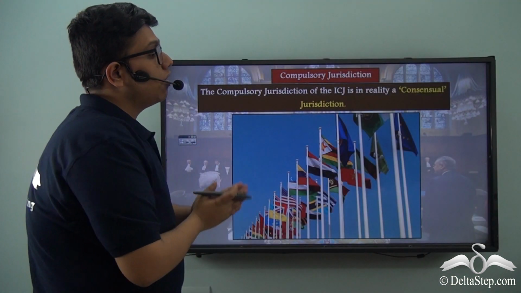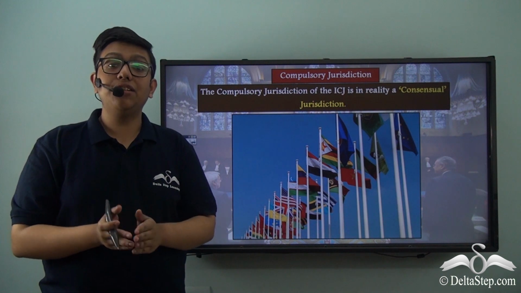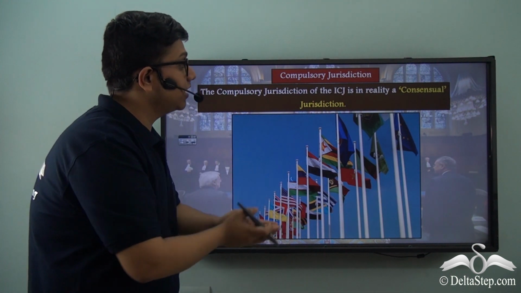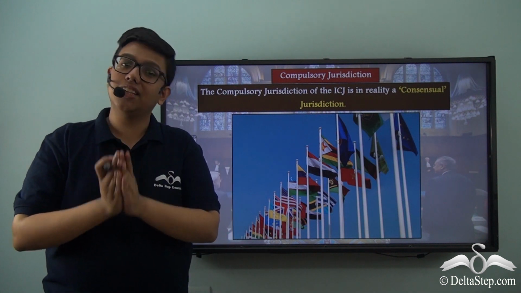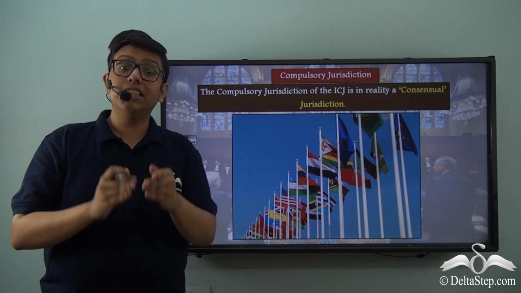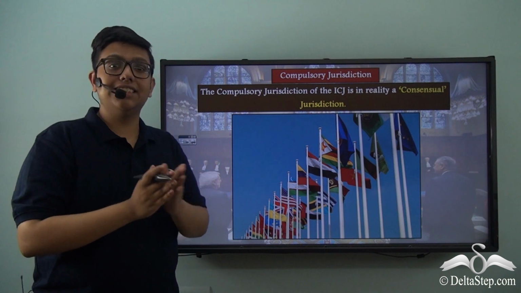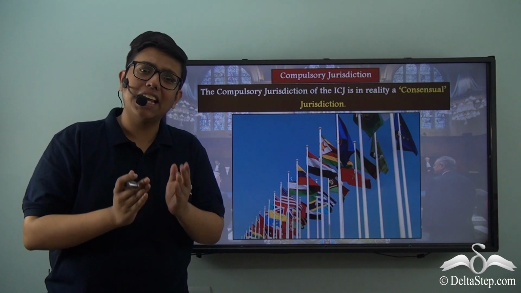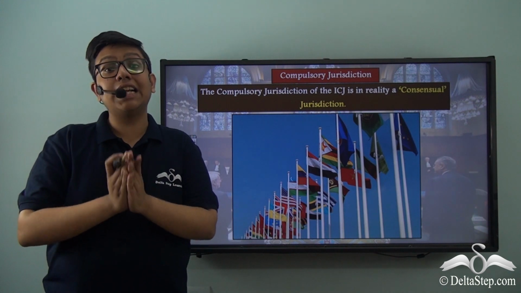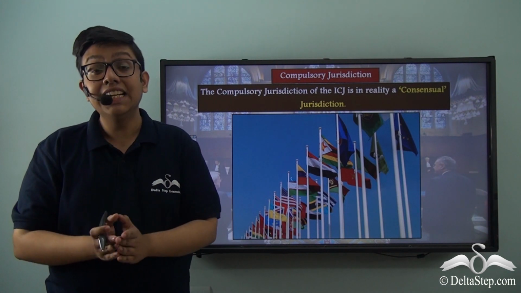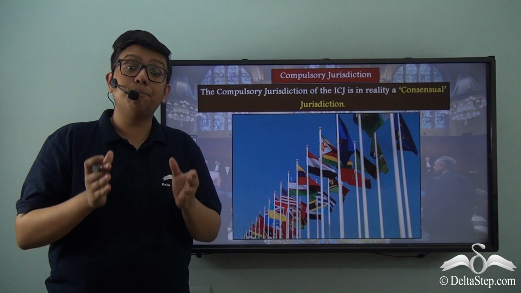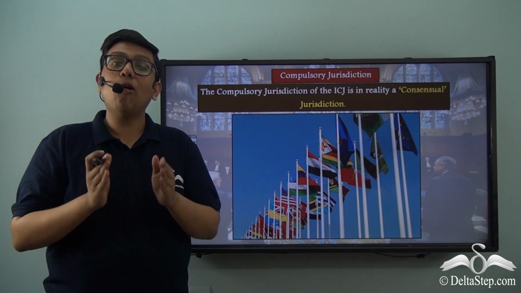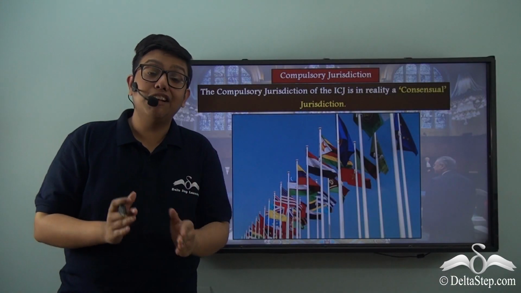Now, we saw how a member state or any other country can voluntarily opt out of this compulsory jurisdiction of the International Court of Justice, even though the verdict or the judgment of the ICJ is binding on all the parties involved and also any other member nation that has ratified the Charter of the United Nations. The jurisdiction, which is the power or the capacity to make this judgment, isn't binding on every nation. That can very well be opted out.